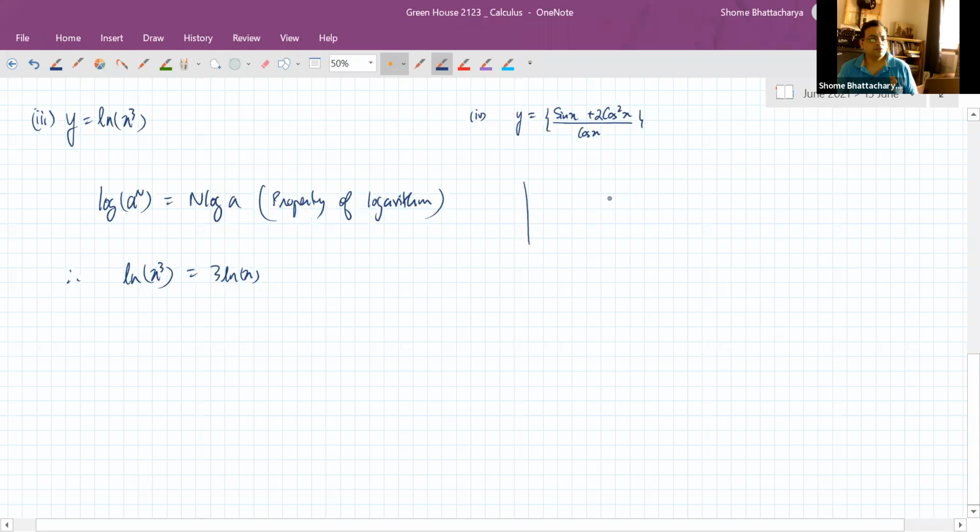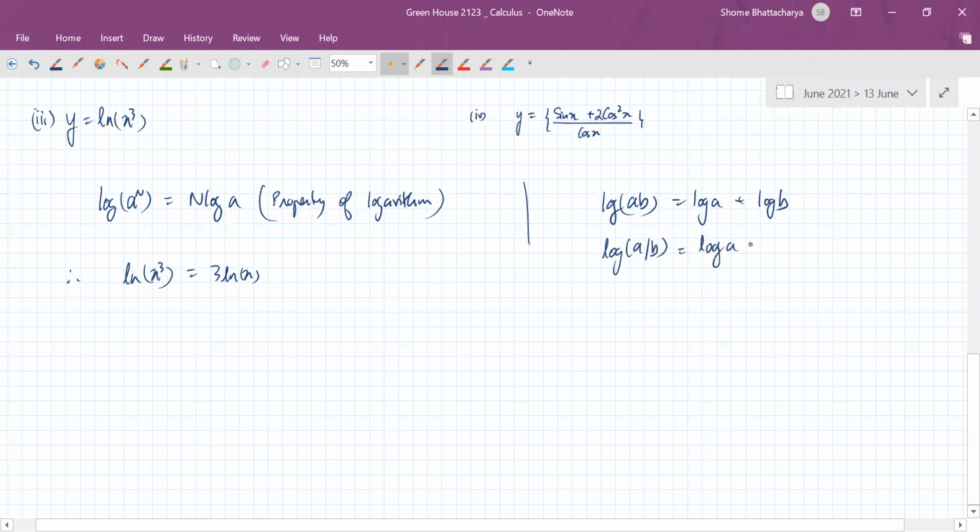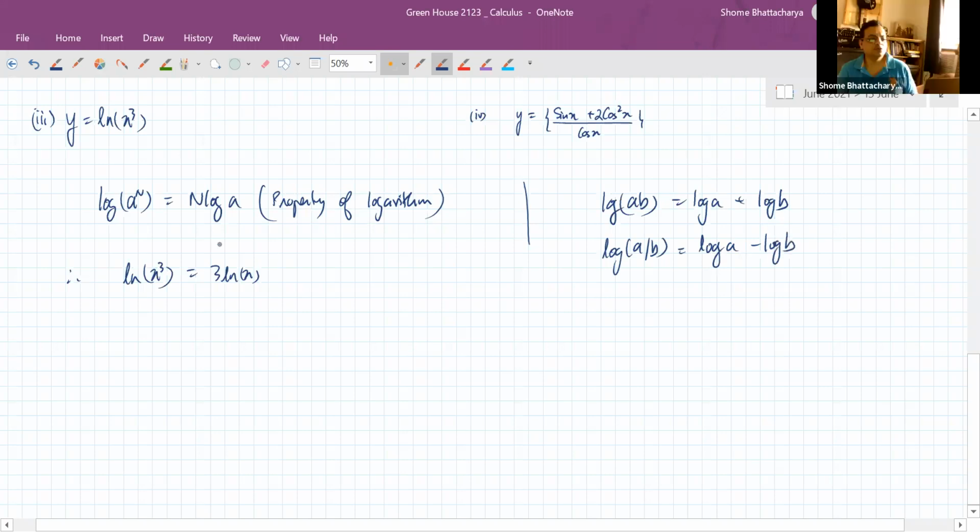Another important property of logarithm is that log of AB can be expanded as log A plus log B, or log of A divided by B can be expanded as log A minus log B. And this could be to any base. Here it is to the particular base e, or ln. So this is the first step we'll do here.